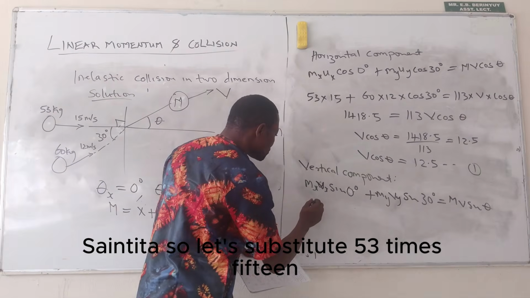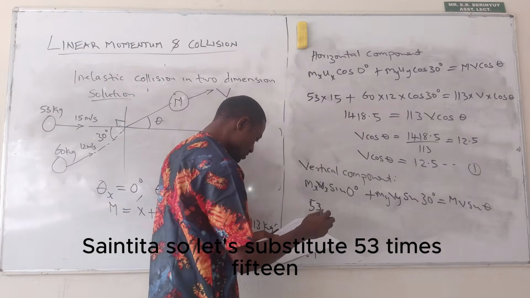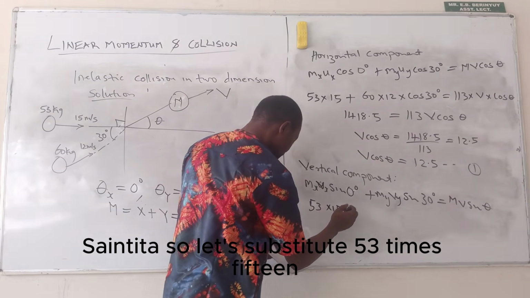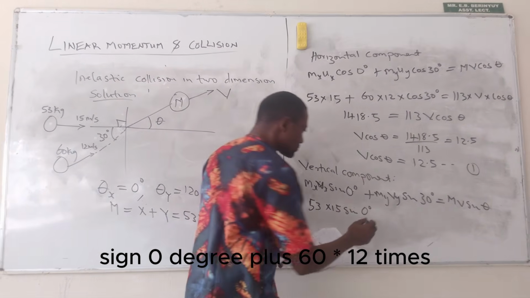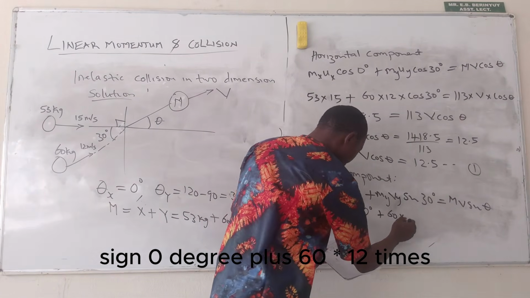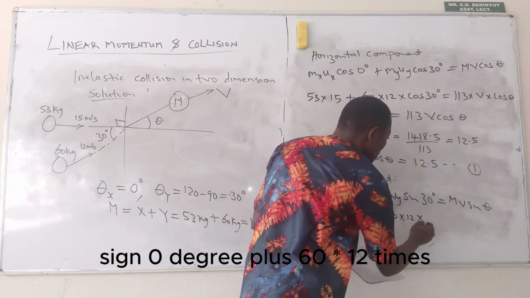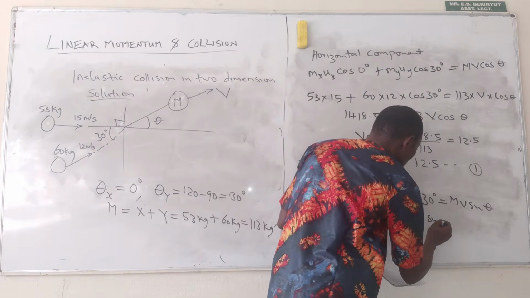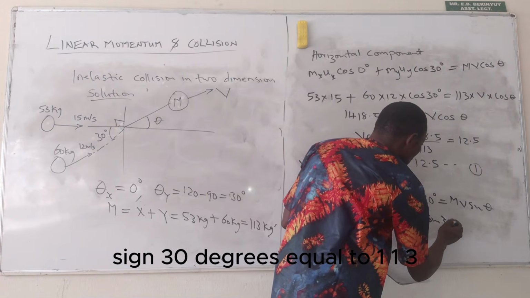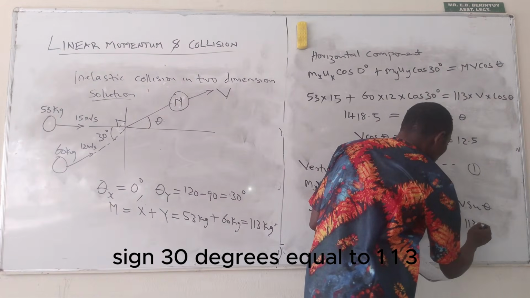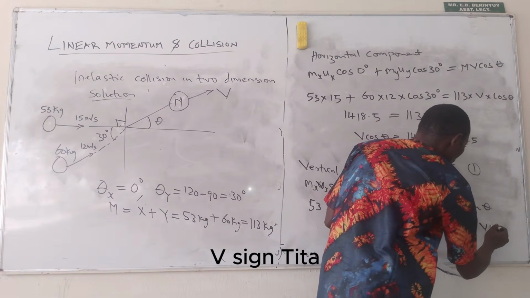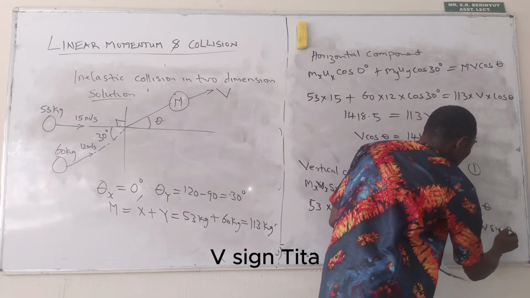So let's substitute: 53 times 15 sine 0 degree plus 60 times 12 times sine 30 degrees equal to 113 v sine theta.